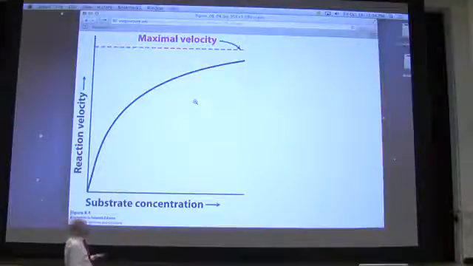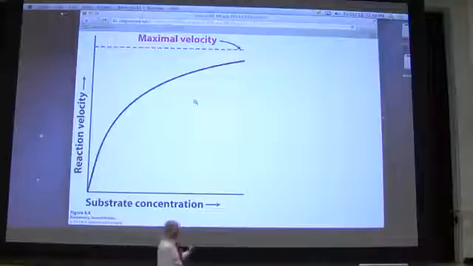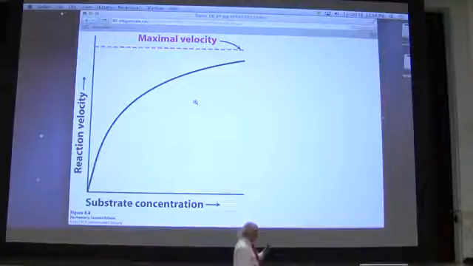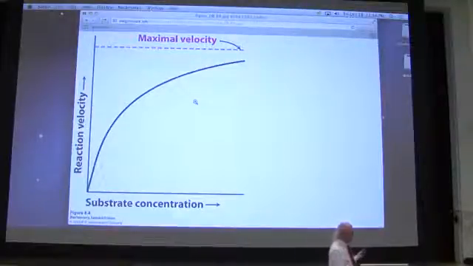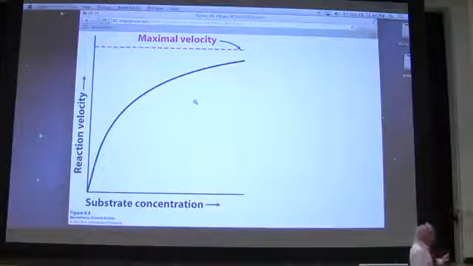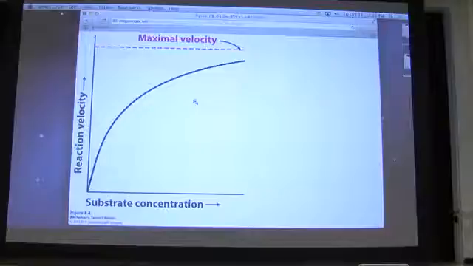When I do that, I see that as I increase the substrate concentration, this plot occurs. That looks kind of like what we saw with myoglobin binding to oxygen. I didn't give it a name at the time, but I'll give it a name here. We saw a hyperbolic plot. Myoglobin's binding plot for oxygen is hyperbolic.